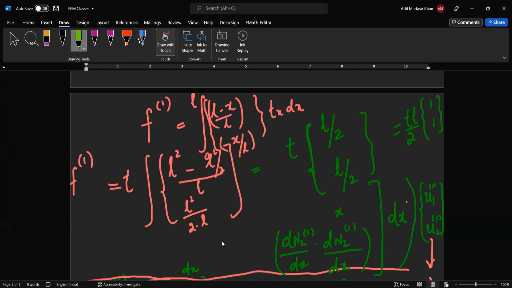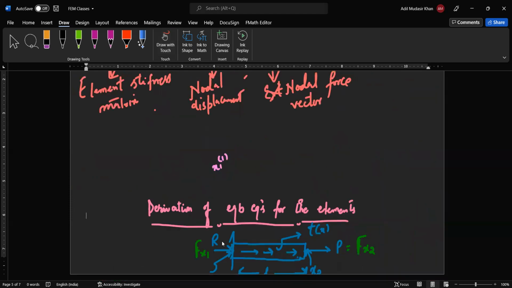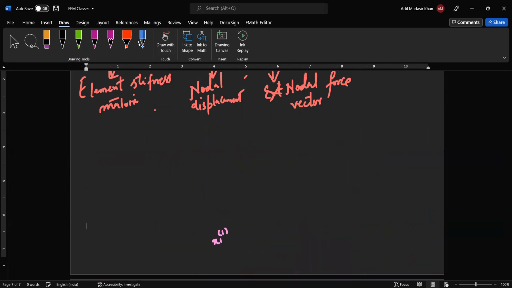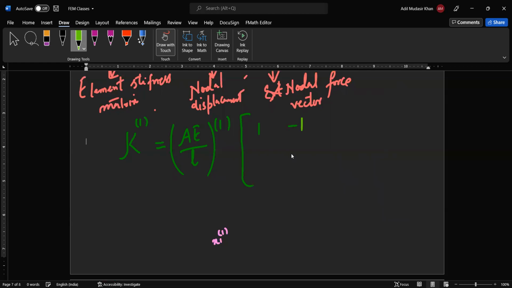So this is how these brackets are written. How are we writing this stiffness matrix? I will write here K. First of all, the elemental stiffness matrix K is written as K equal to AE by L for element 1 into matrix 1 minus 1 minus 1 1.